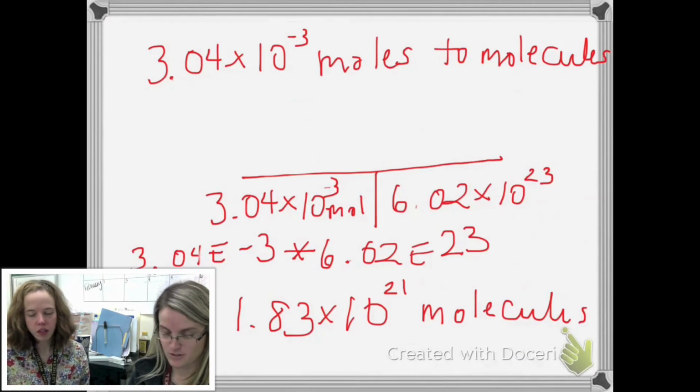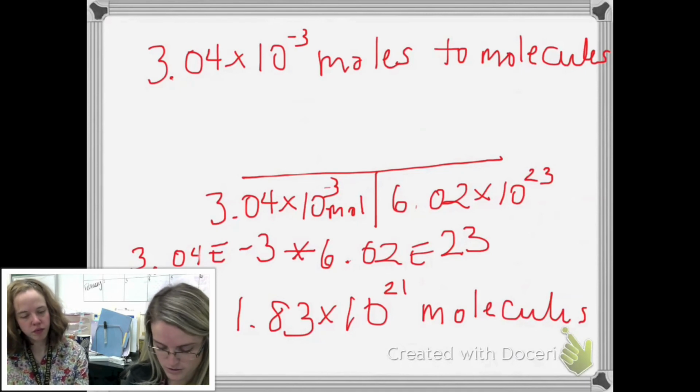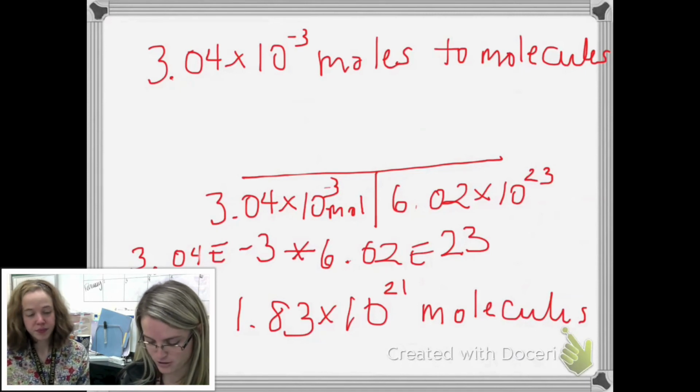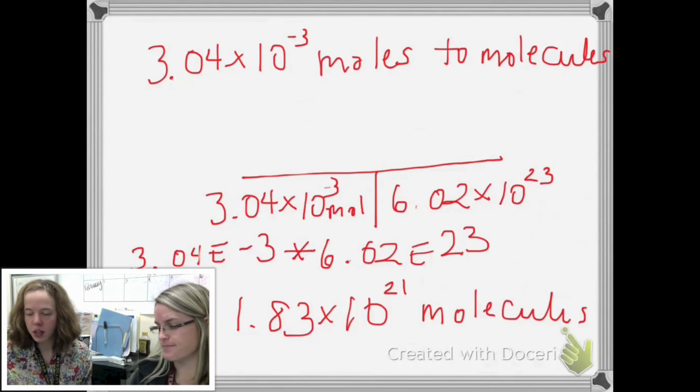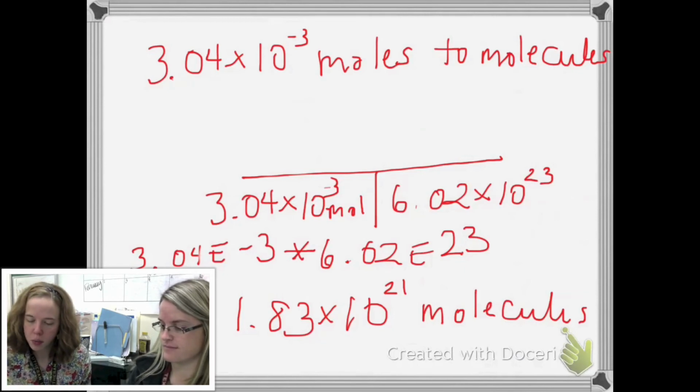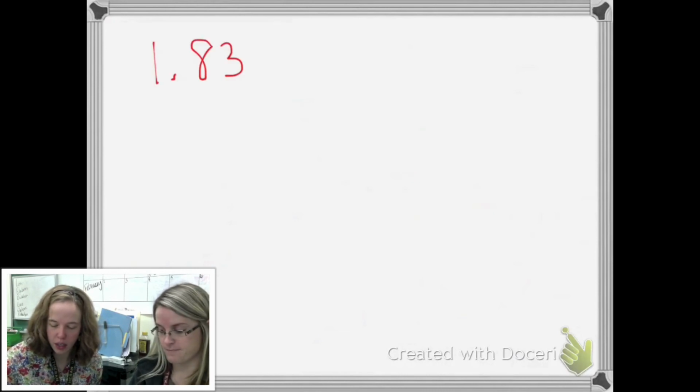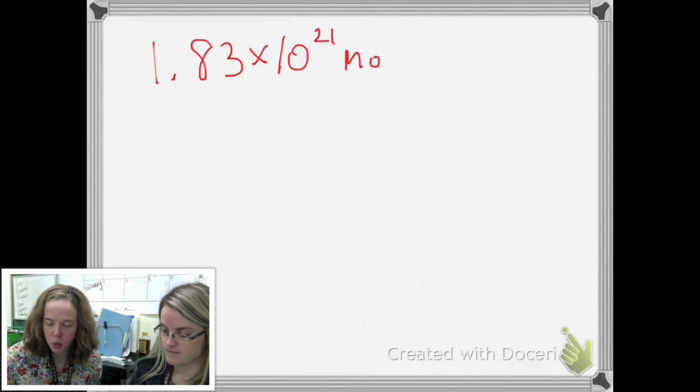Now, it goes guided questions 1, 2, and then it says how many atoms of nitrogen. So we're going to keep working with the number we just found. We know we just found that we had 1.83 times 10 to the 21 molecules, of what exactly?